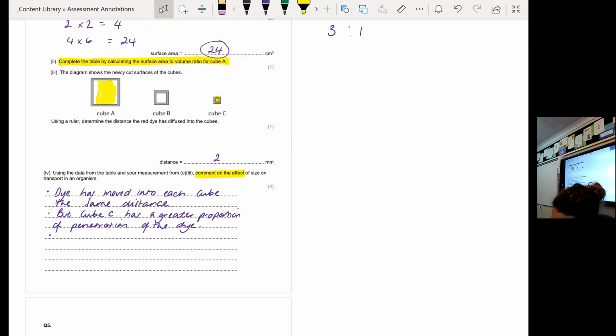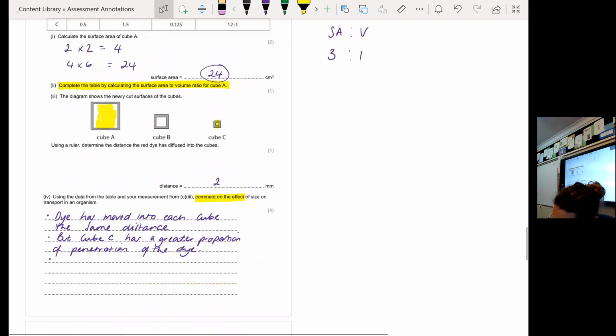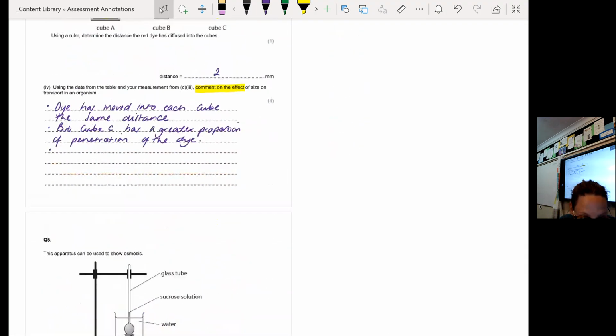So I've used the pictures, I've used my measurements, and I've used the information in the table. As size decreases, surface area to volume ratio increases.